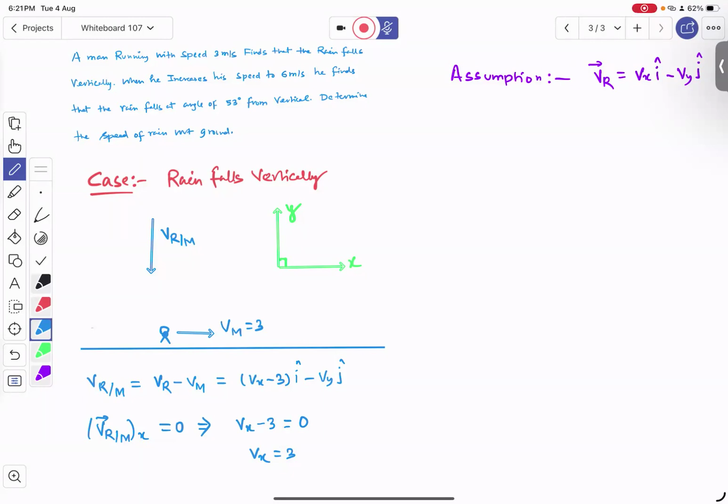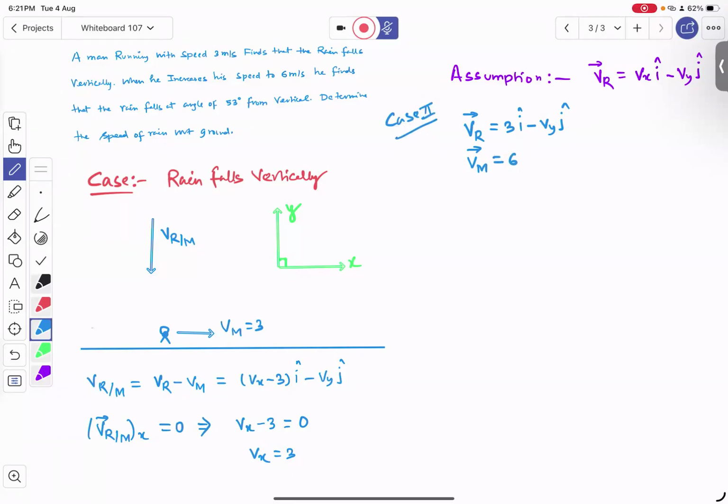Now if I write down the velocity of the rain, it is going to be 3 I cap minus Vy j cap. And the velocity of the man in case 2 is 6.